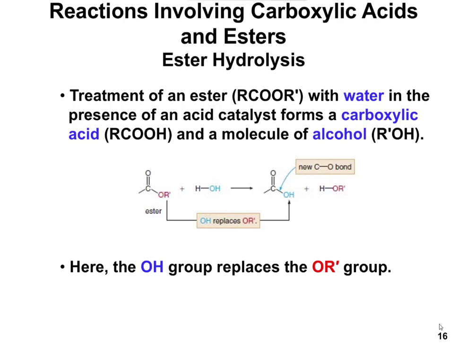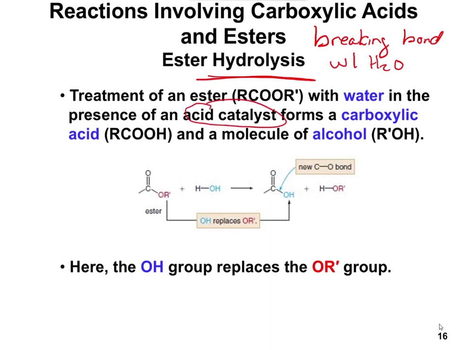Hydrolysis basically means, if you look up here for the word hydrolysis, breaking a bond with water. So that's going to be our definition of a hydrolysis reaction. Again, we're going to see that a few different times throughout the rest of the semester. And in this case, it requires an acid catalyst. So oftentimes you'll see, for instance, H2SO4 written on top of that arrow.